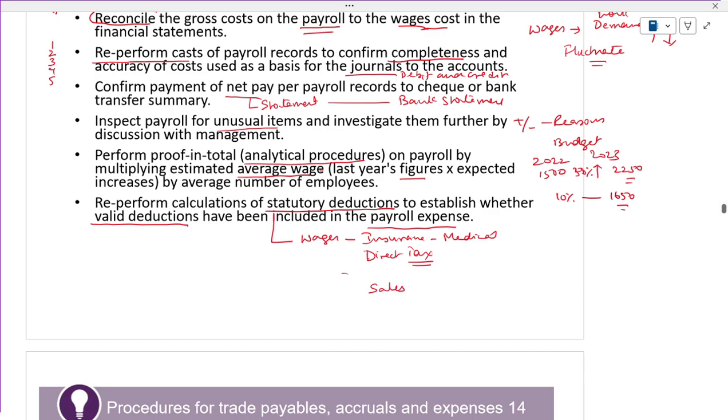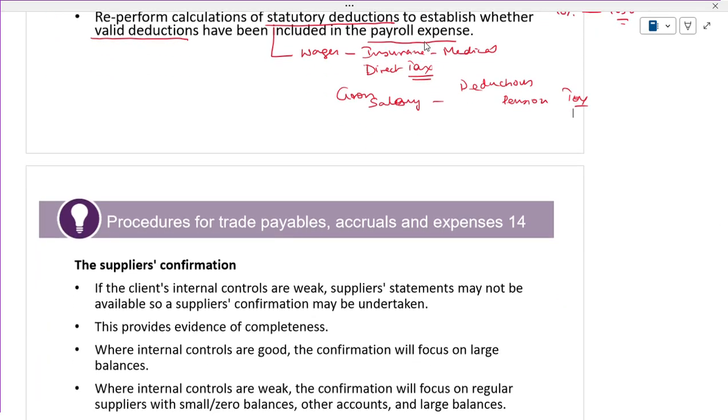You will have the gross salary, then you will have some deductions: insurance deduction, pension, insurance. We don't have it, but in some countries you will have the tax. We have to make sure that all the deductions have been done accordingly. This is with respect to wages.